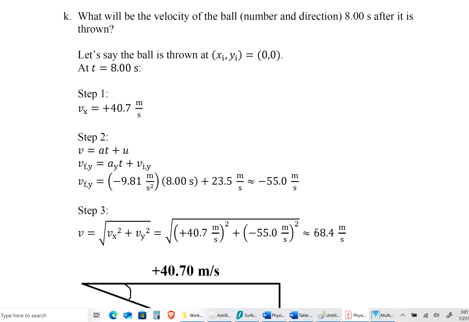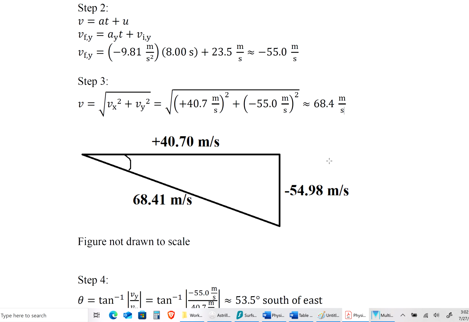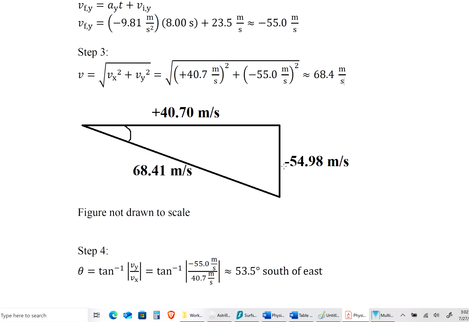So V is going to be equal to 68.4. Because V sub x is positive 40.7, V sub y is minus 55.0 approximately. And then we could find the length of the hypotenuse to be about 68.4. And this figure is not drawn to scale, because 54.9 is longer than 40.7.